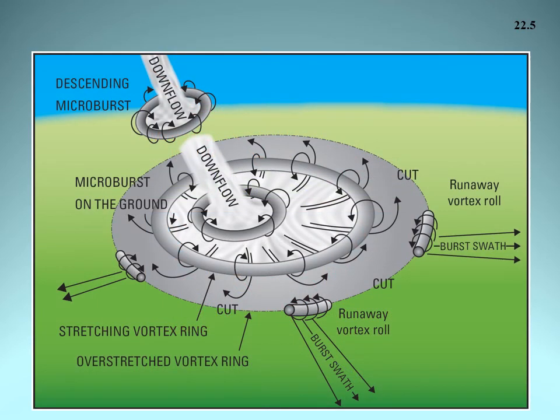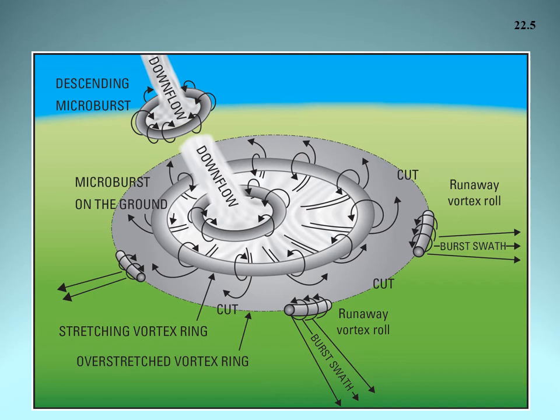So how do they look? Well, it's not like a hose where you just have one major piece of air falling and then just cleanly radiating outward. There's actually multiple downflows, we'll call them, and they create these stretching vortices, these vortex rings, and there could be multiple rings, and we know this because we've looked at damage.